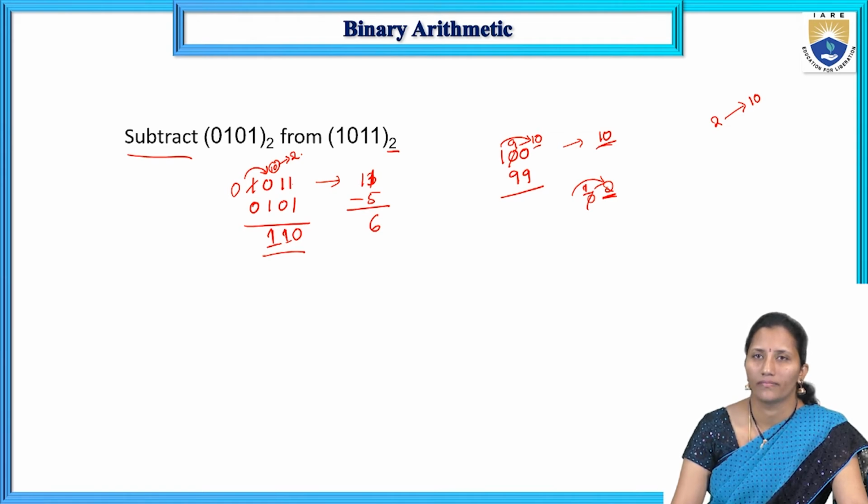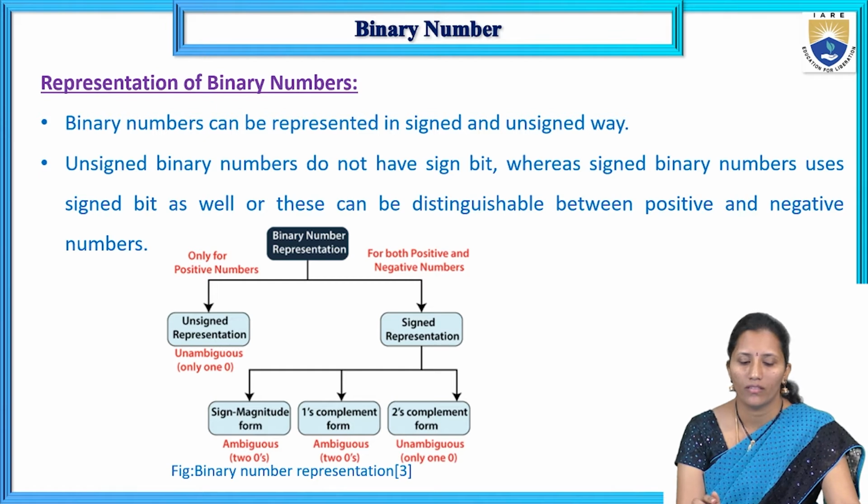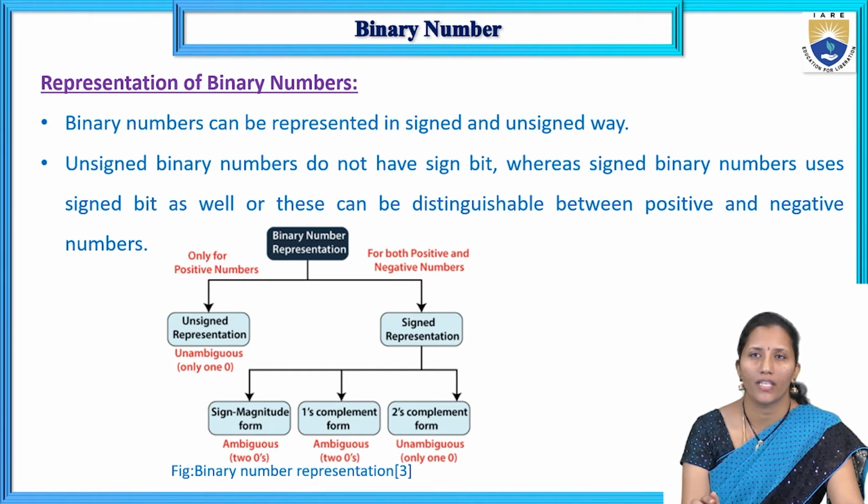Now, representation of binary numbers. Binary numbers can be represented in signed and unsigned ways. In our daily life, we represent plus 3, minus 3, plus 10, minus 10. But computers will not understand negative numbers, because the computation is done in the binary number system.